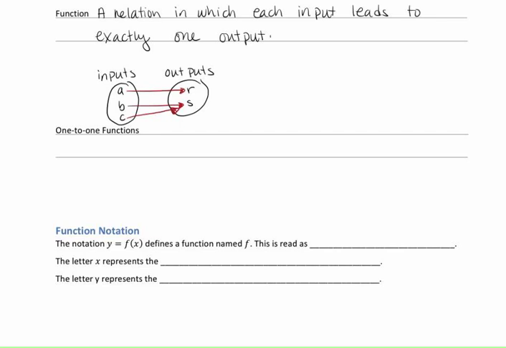Well, let's check the definition. Does each input lead to exactly one output? A leads to R, B leads to S, and C leads to S. So each input goes to only one place, only one letter. So this is a function.